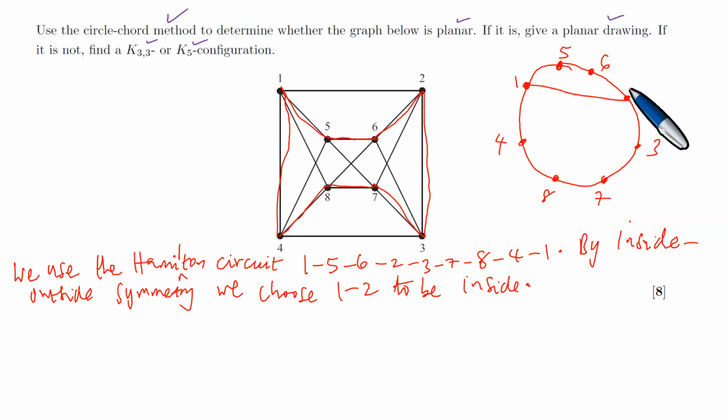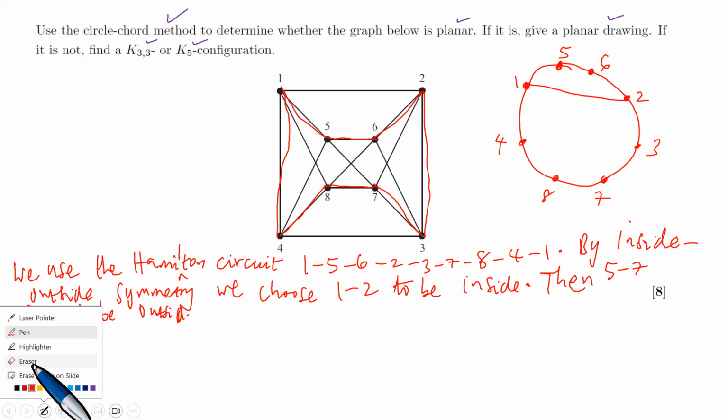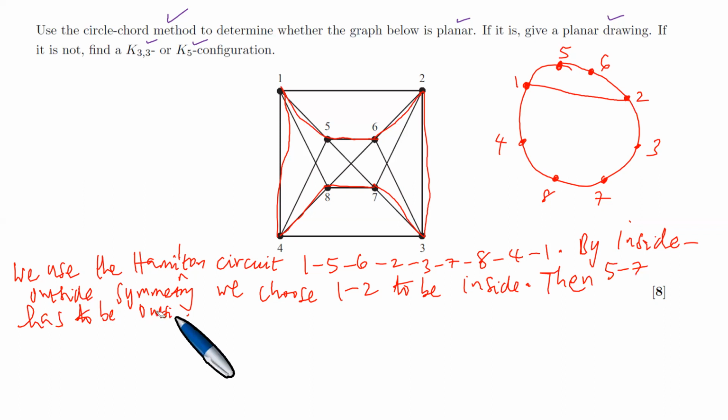Then we continue with the process. Then 5, 7 has to be outside.